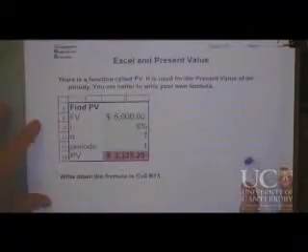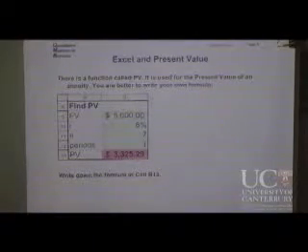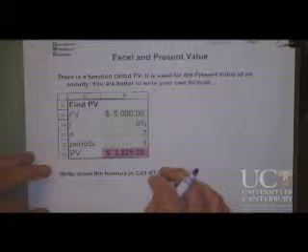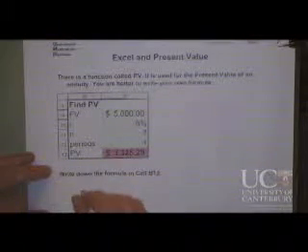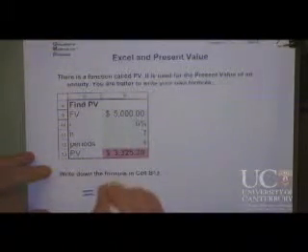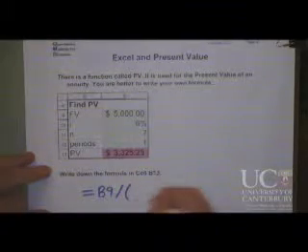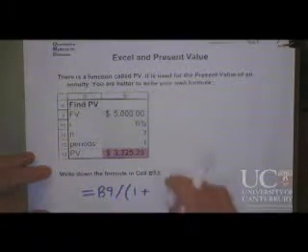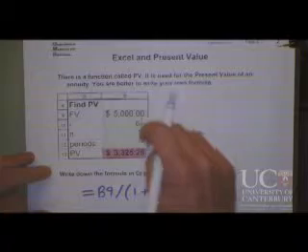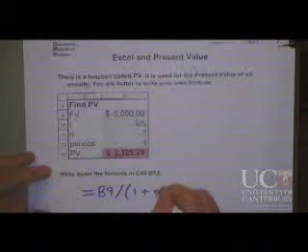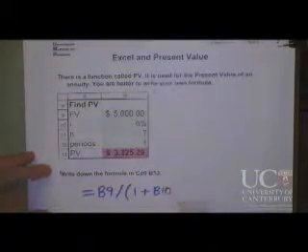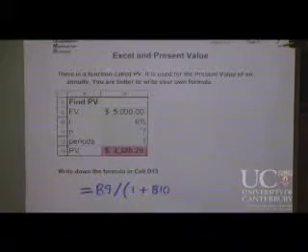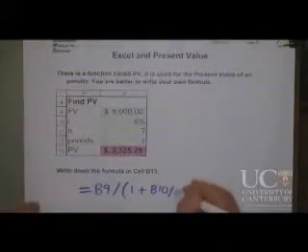Okay, so the same sort of thing as last time, our formula here for our present value, and this is what we expect you to do in a test, is that you'll go equals B9 divided by, open bracket, 1 plus B10, divided by B12.